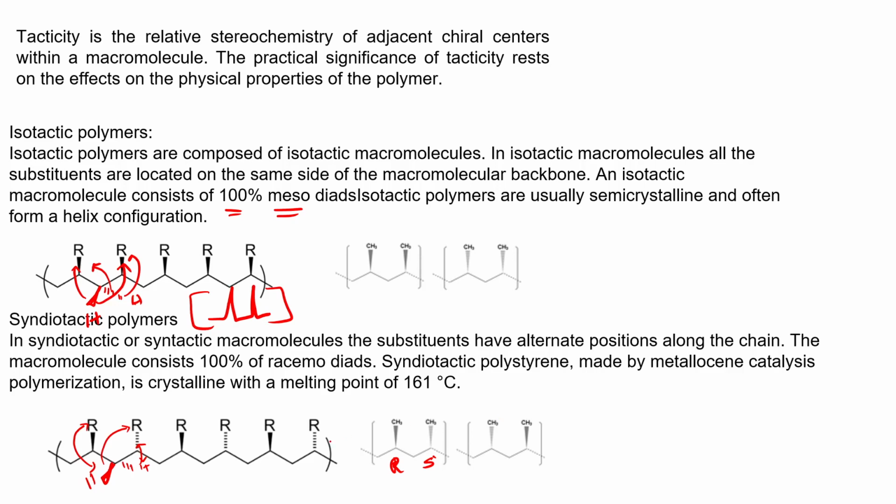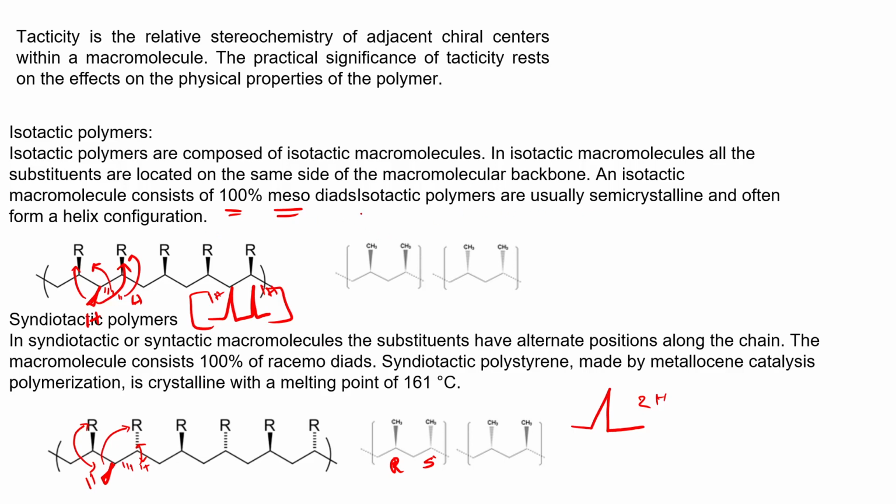In the NMR you can expect one signal, as they are not diastereotopic protons, they are homotopic protons. So you are going to get one signal for these two protons. This is the way to decide. For isotactic polymers, you are going to have a doublet for this CH2. For syndiotactic, you are going to have a singlet for these two hydrogens. In that way, you can decide whether it is isotactic or syndiotactic.